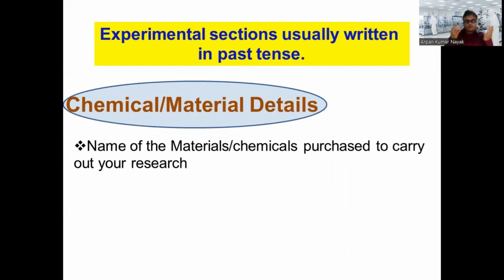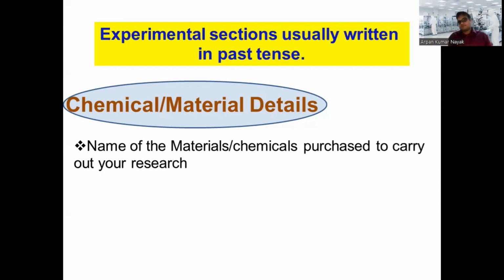As an example, suppose you use titanium powder or iron powder. Then you have to say where you purchased that powder, Sigma Aldrich, Merck or Loba, which company you purchased from, and give that information.